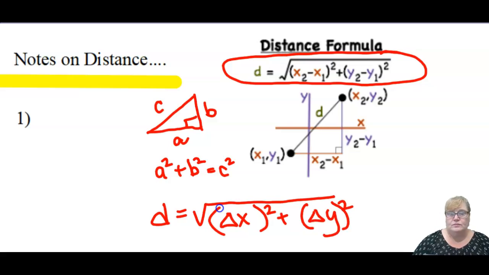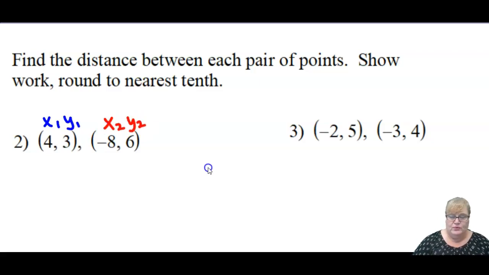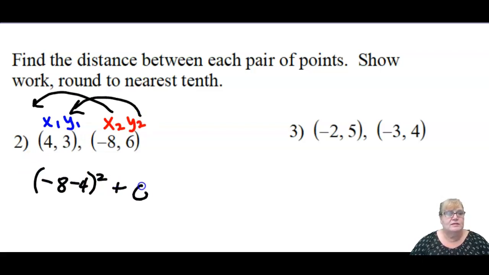All right, so to practice that real quick, this would be an x and a y, and this one would be an x and a y for the different point. I'm not going to use too many colors here because I'm going to go kind of quick. So we find the difference in x's, and then the difference in y's.